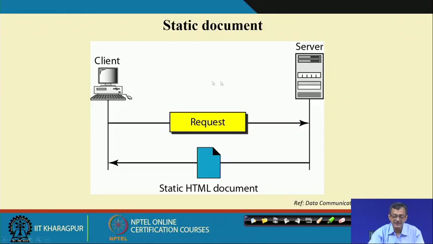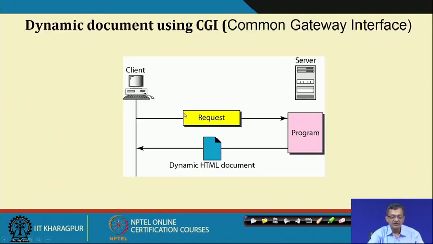Like static pages, you request and get the static page. In case of dynamic, we have the concept of common gateway interface, or CGI. Through that I can send a request, and based on that a dynamic HTML page is returned.